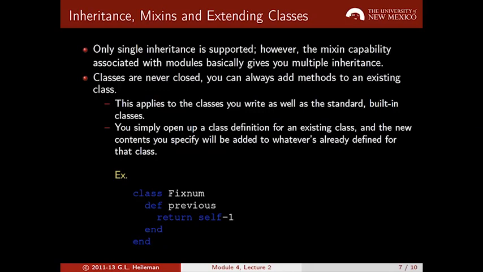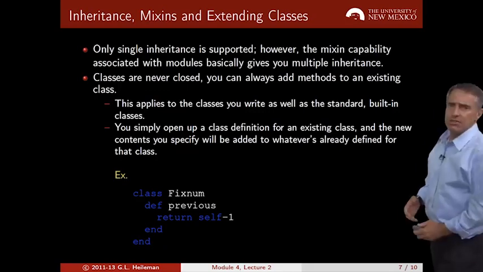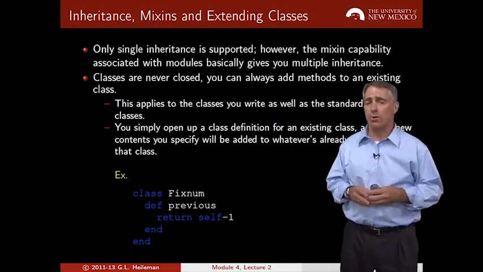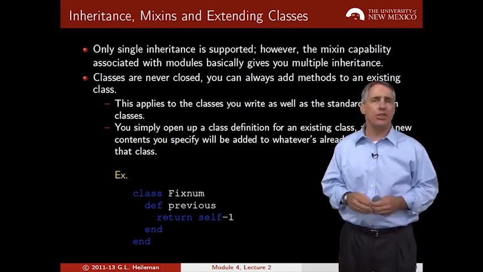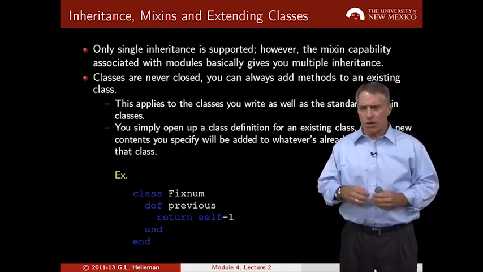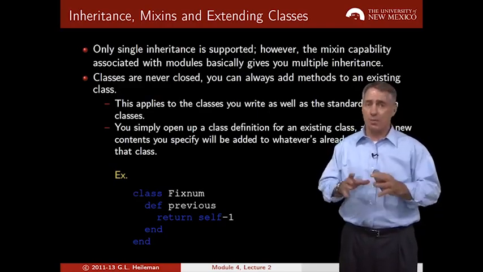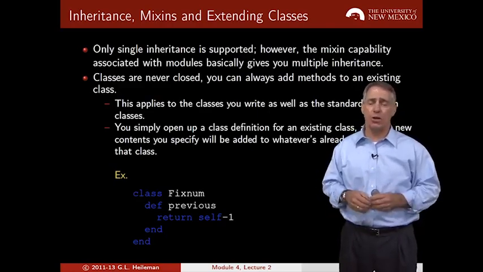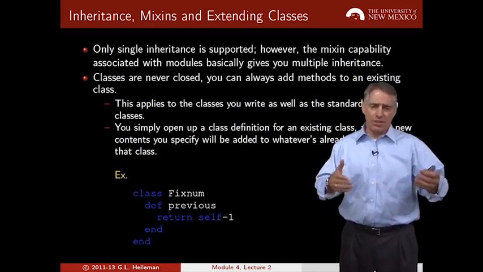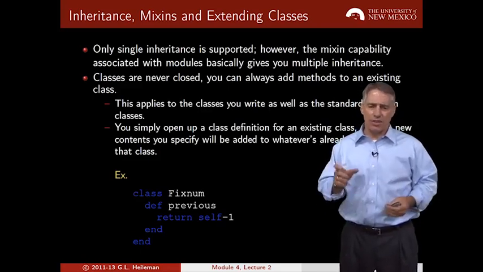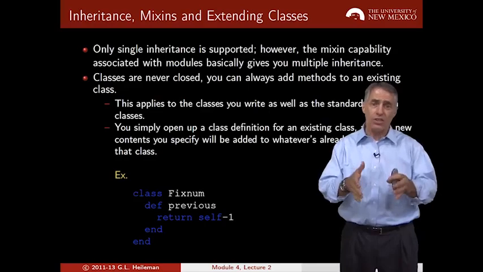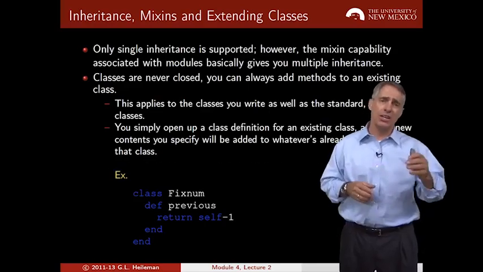Here's an example. The Fixnum class is an integer class that's provided as a part of Ruby. There's no previous method associated with that. And if you want to create one, just open up the class by typing class Fixnum, and you can do this right at the IRB prompt. Type def previous, and now we're going to define what previous does. I'm going to return self, and here we're using that self keyword that I'm talking about, self minus 1.